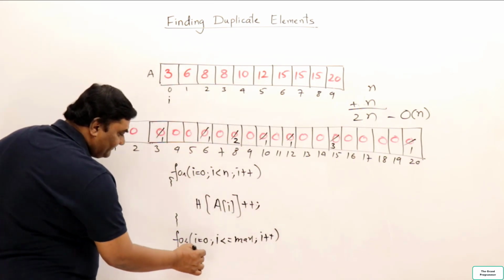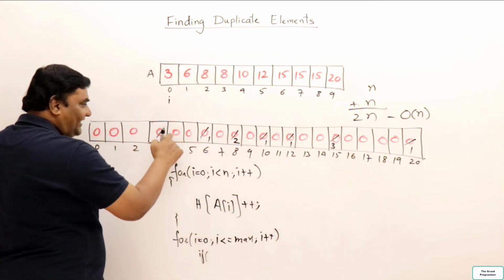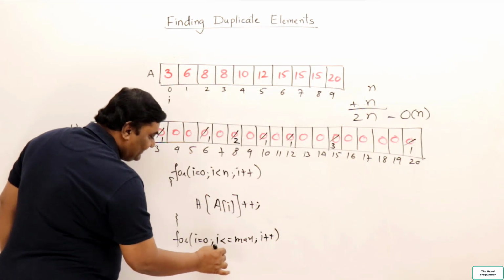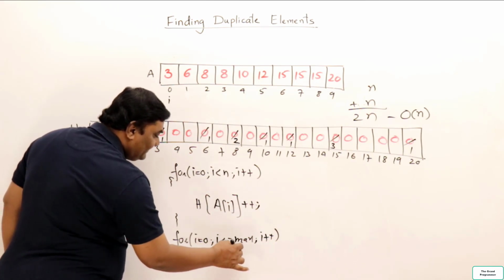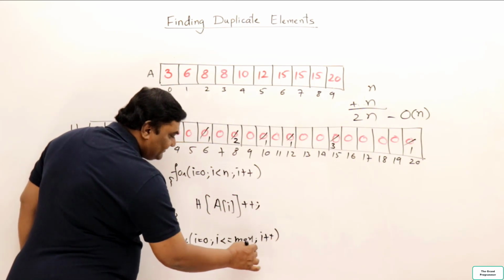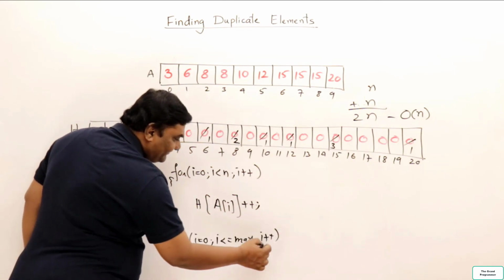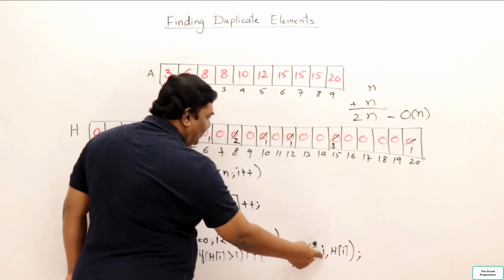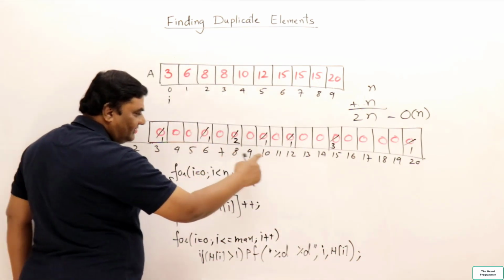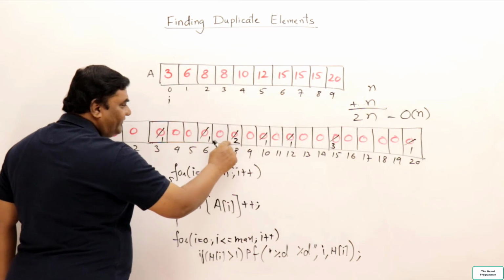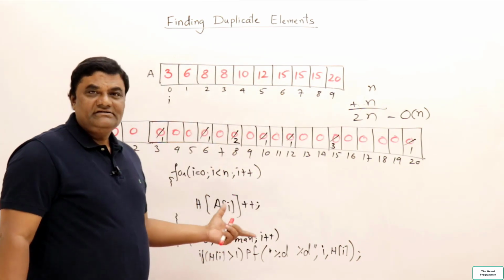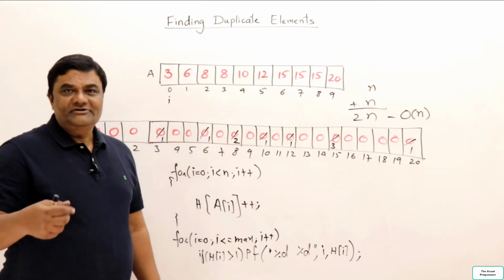What we should do every time, if h of I is greater than 1, then we will print. So in the same line I will write printf. Here printf percent d I gives the number and h of I gives the count, how many times it is appearing. That's it. It's a simple procedure.